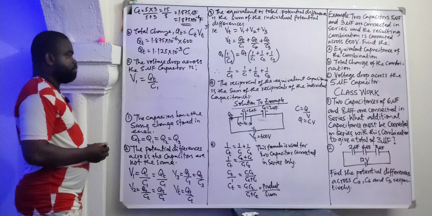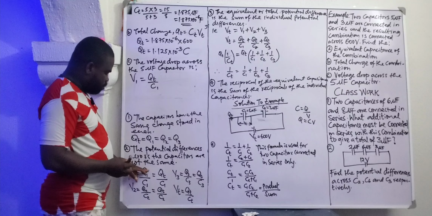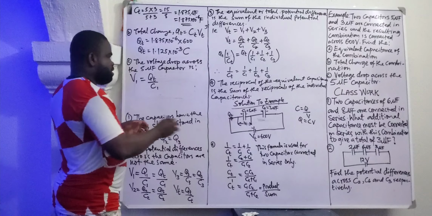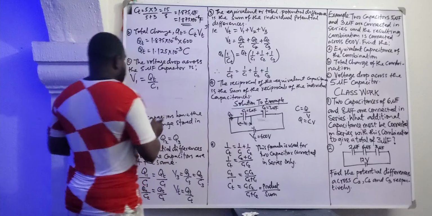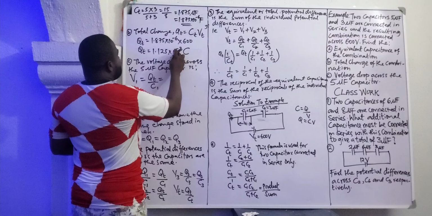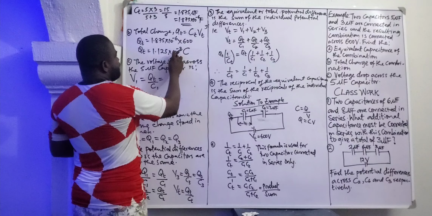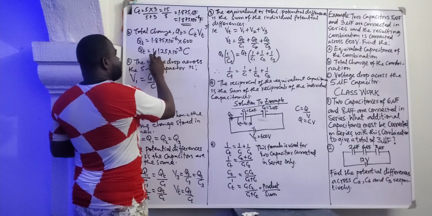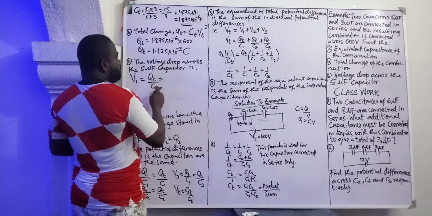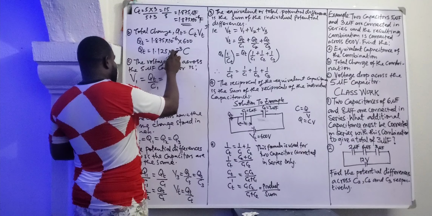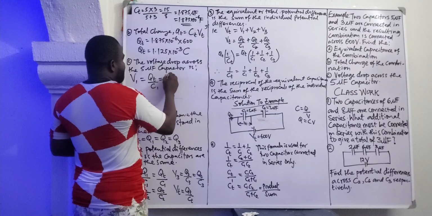C1. So I could have said Q1 over C1, but Q1 is equal to what? QT, since the charges are the same. So this will give me, once again, if I change this to milli, then I cannot use 1.125 in this work. That will be unacceptable. I must remove it and express it in this format.